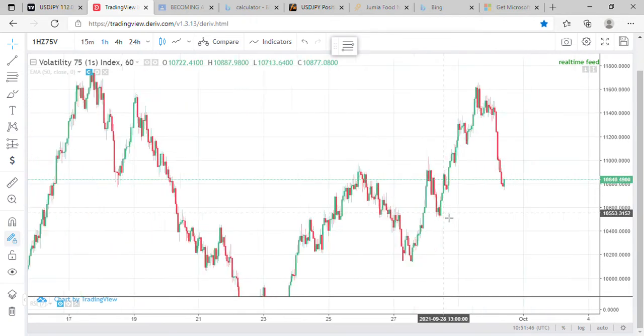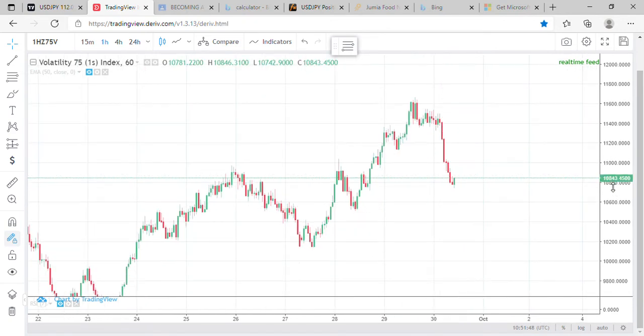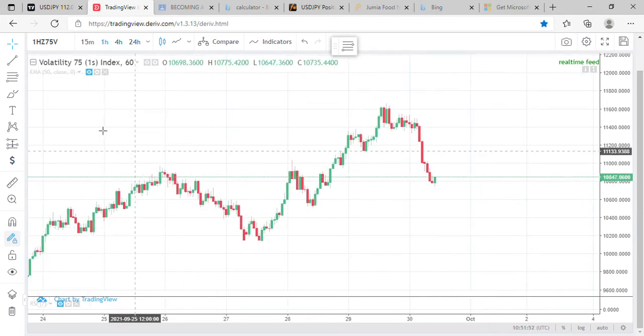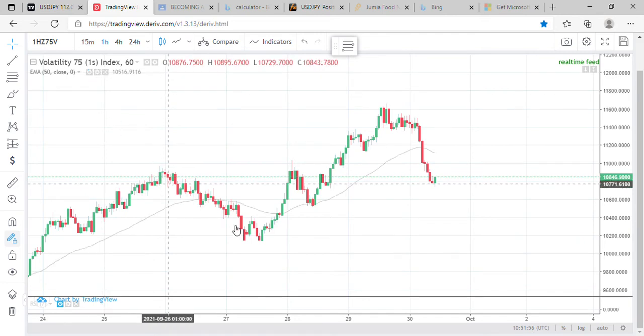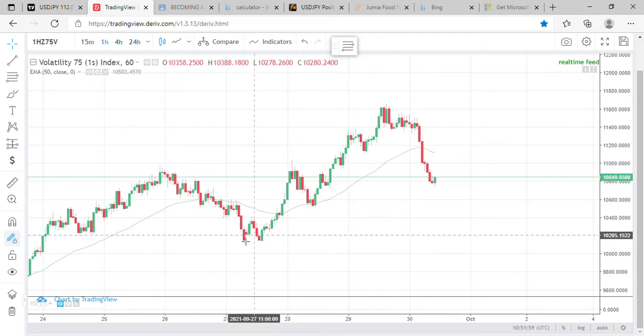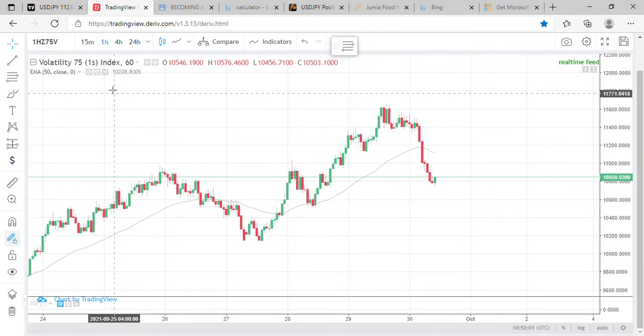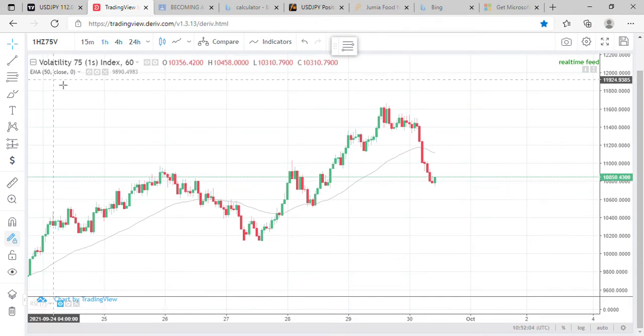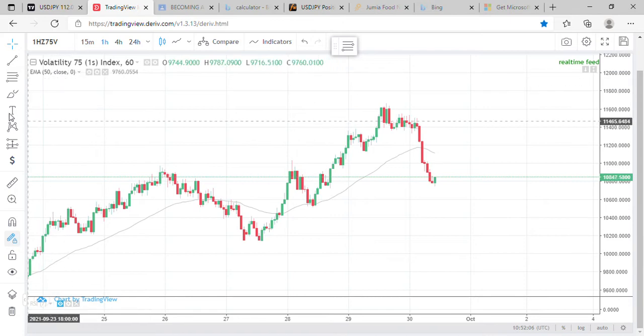All right. So your moving average is a trend following indicator. It's an indicator you use to analyze your trend, and it's also good for those who find it difficult to identify their market structure. Now I am using this particular moving average, EMA, exponential moving average, period 50.